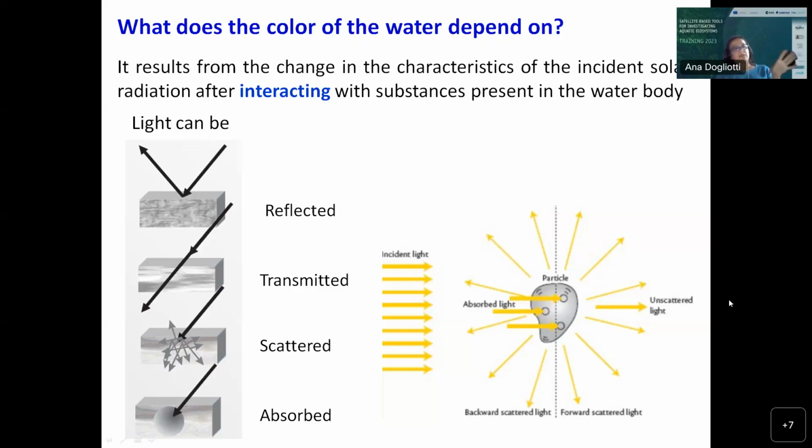You can see another way of looking at it on the right. You can see the incident light interacting with a particle. You can see the change of direction, which is all the scatter in arrows.